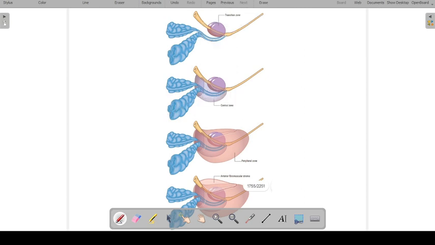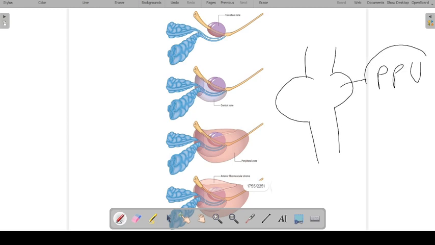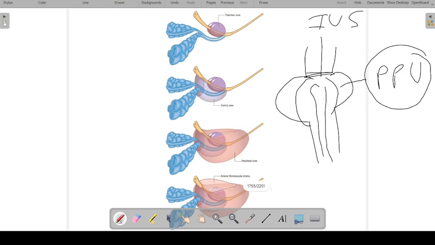Now visualize this diagram of the prostatic part of the urethra. This is the internal urethral sphincter, and these are the openings. Its ducts enter the prostatic urethra below the internal urethral sphincter and just above the ducts of the peripheral zone.